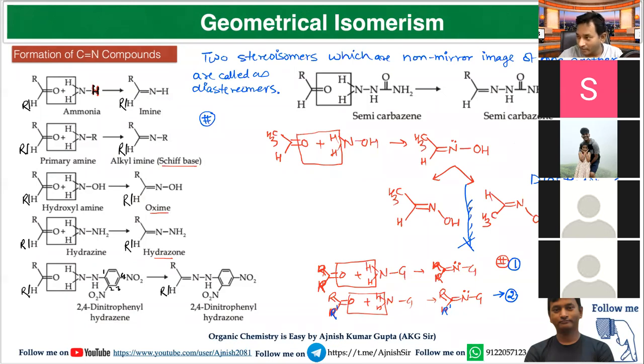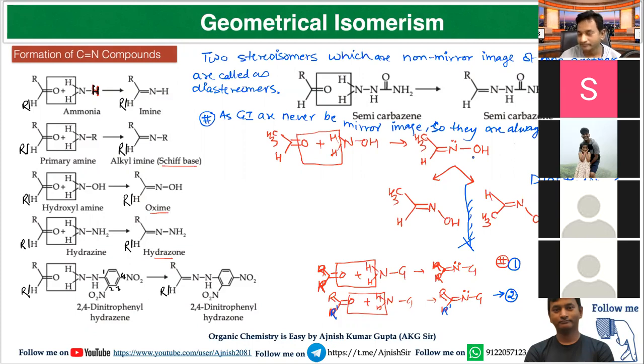Geometrical isomers will never be mirror images. So all geometrical isomers are diastereomers. You should also write this: as geometrical isomers are never mirror images, they will always be diastereomers.